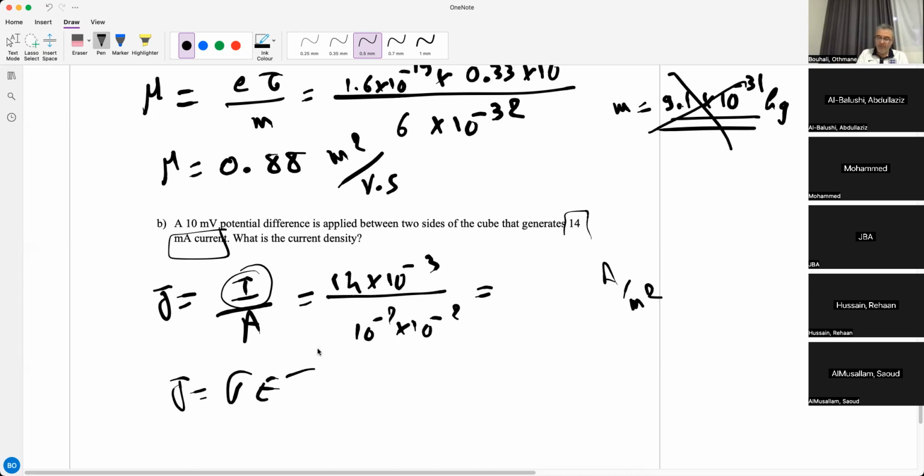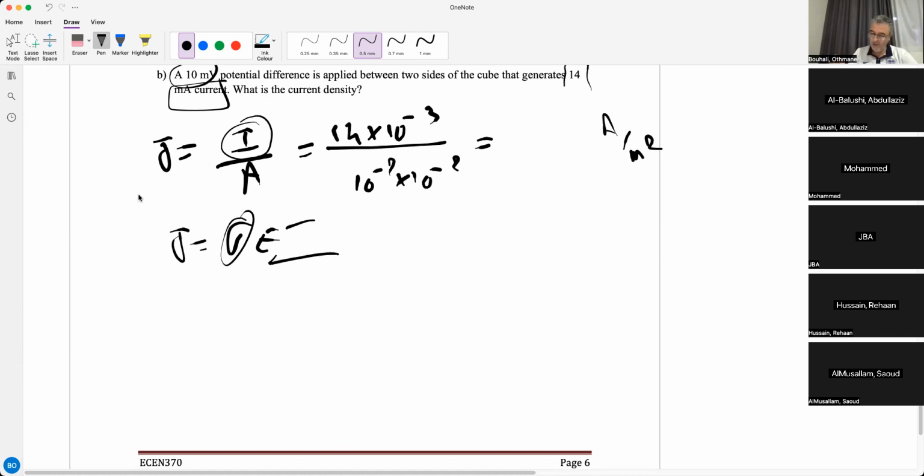And E you have, because you are applying 10 millivolt to 1 centimeter, so you can calculate E, and then you will probably be asked to calculate sigma using the mobility, and if we gave you, for example, the number of electrons. Yeah, okay. Just one last remark.